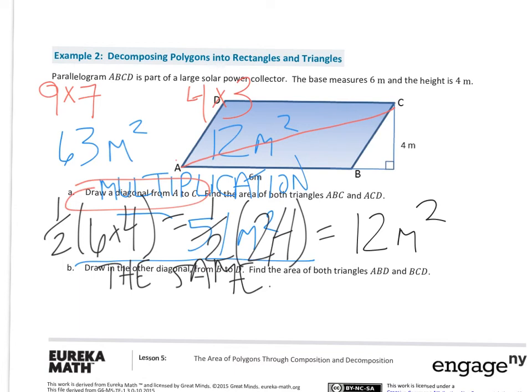And if we drew in the other diagonal from B to D and found the area, it would be the same. So we're still at 12 meters squared. If we add our triangles back together, we would find that the area for the whole parallelogram is 24 meters squared, which would just have been the base times the height. So the area for a parallelogram is the exact same as a rectangle.